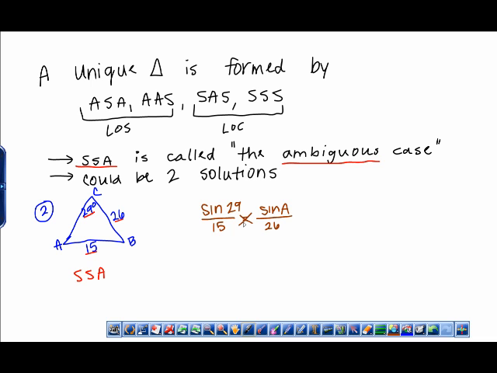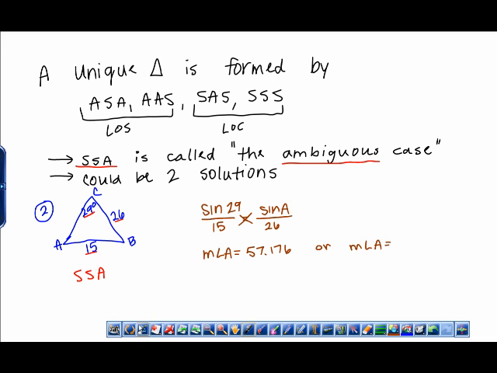And when you cross multiply and you solve for angle A, I'm not going to go through all the steps here, so I think you got them. You get 57.176 degrees. And that is one possibility for angle A. However, you have another possibility for angle A. I want you to think back to the last unit and several units.